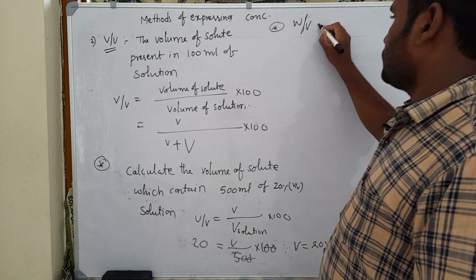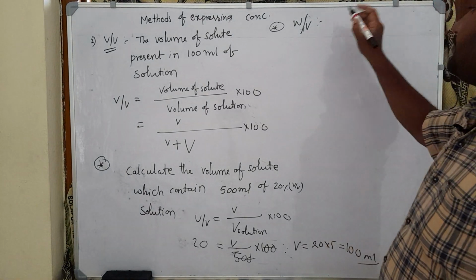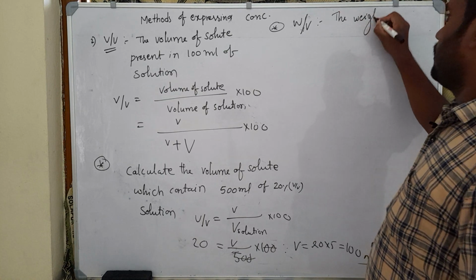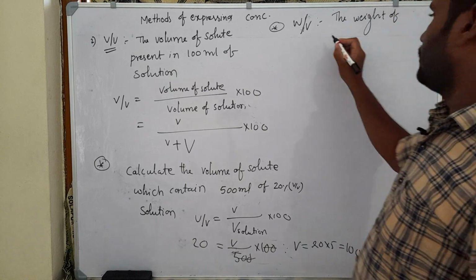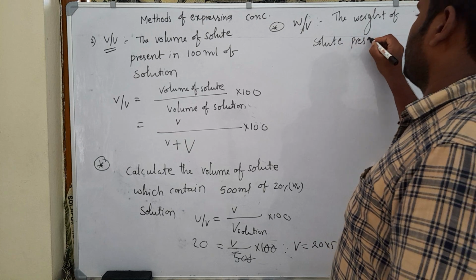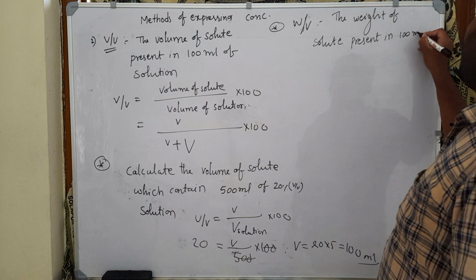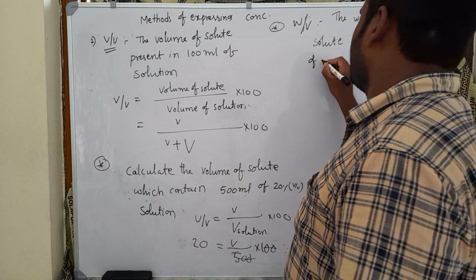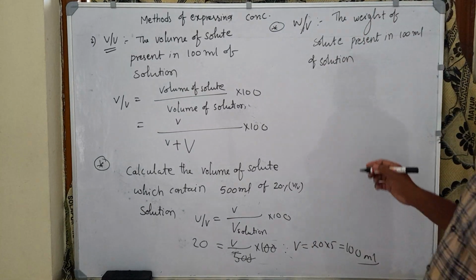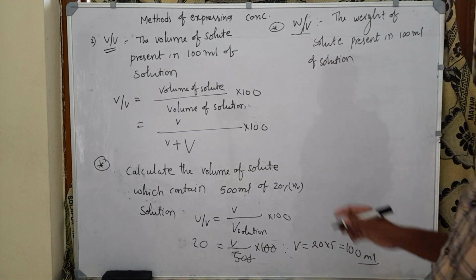Mass volume percentage is nothing but the weight of solute present in 100 ml of solution. The weight of solute present in 100 ml of solution is called weight volume percentage.